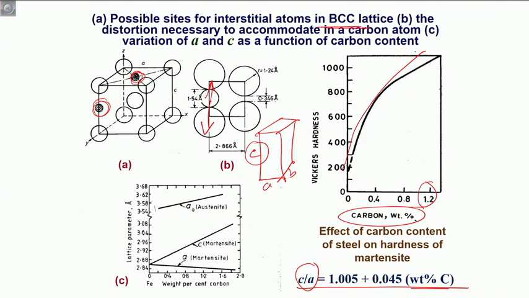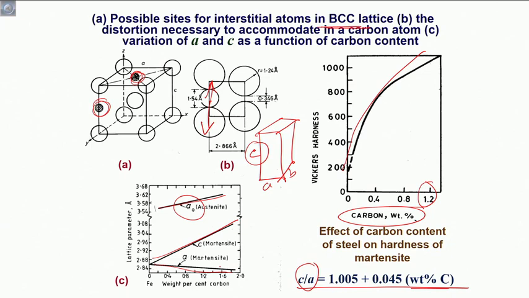But when you dissolve more carbon, it is not only the tetragonal martensite but even austenite, the parent phase from which martensite forms, where the lattice parameter increases, and so does the C axis of the tetragonal martensite, but you see a certain amount of contraction.